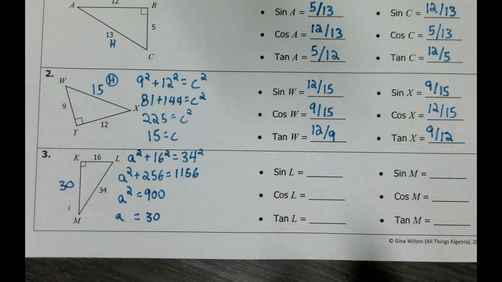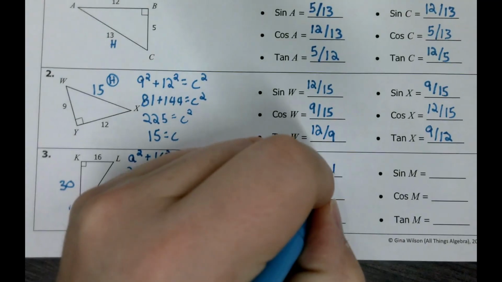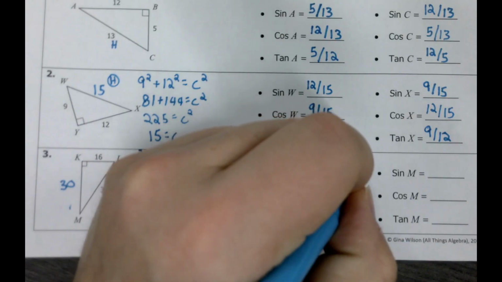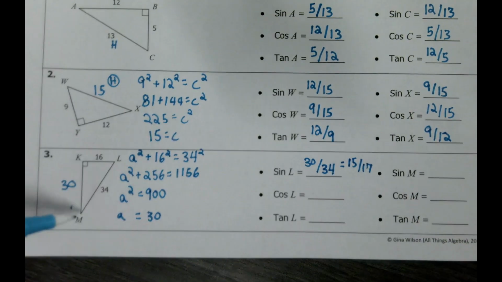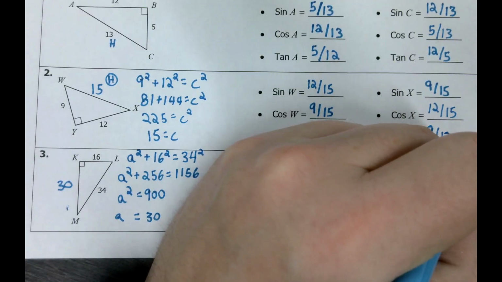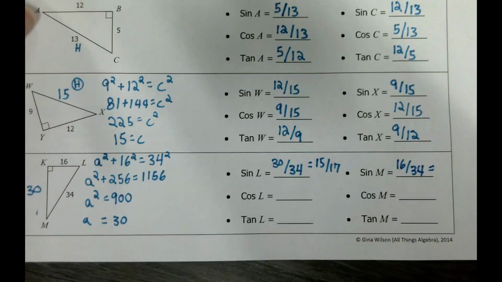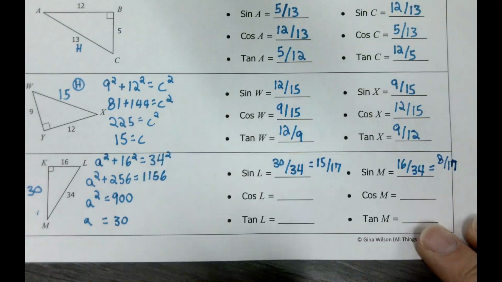Now I know every side, so I can get my ratio. So again, if we go to L, here's angle L. So opposite of L is the side I just found, which is 30, over the hypotenuse of 34. Well, both of those can be divided by 2, so that's going to be 15 over 17. Now if I look at M, opposite of M now is 16 over the hypotenuse of 34. Again, both of those can be divided by 2, which would give me 8 over 17.